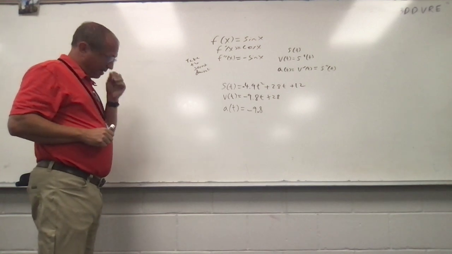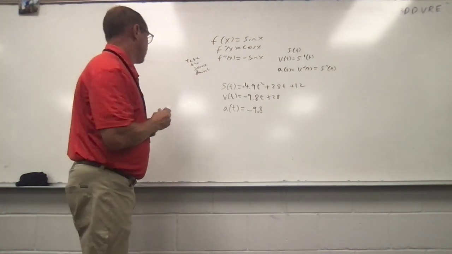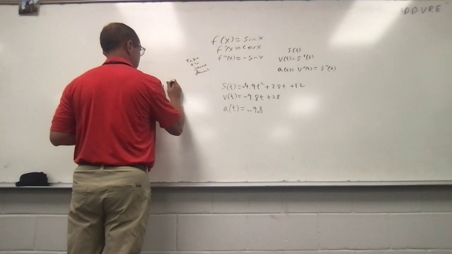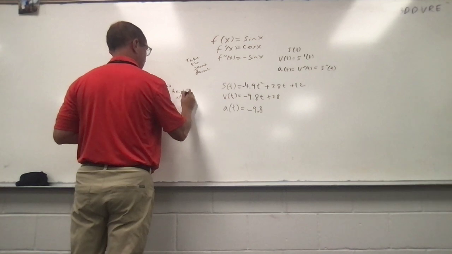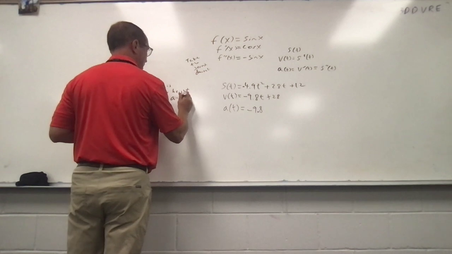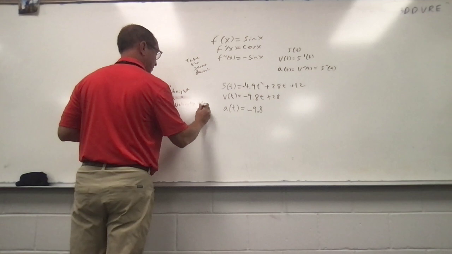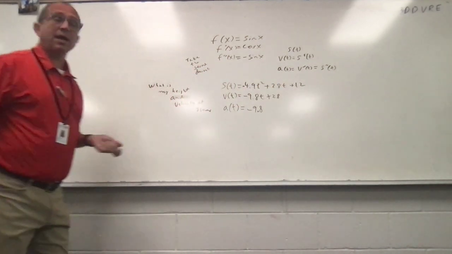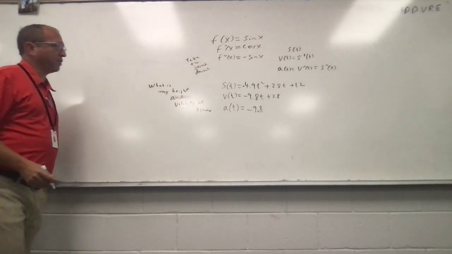But I could say, what is my height and velocity at 3 seconds? Now, sometimes you have to come up with this equation. Other times you are given it and you just plug in. Here we're basically given it.